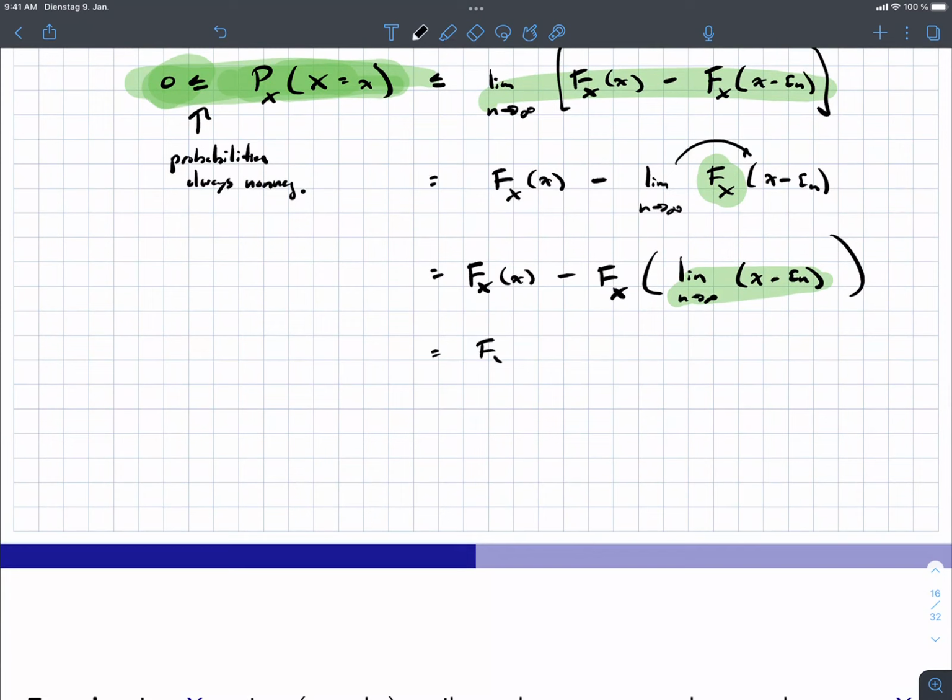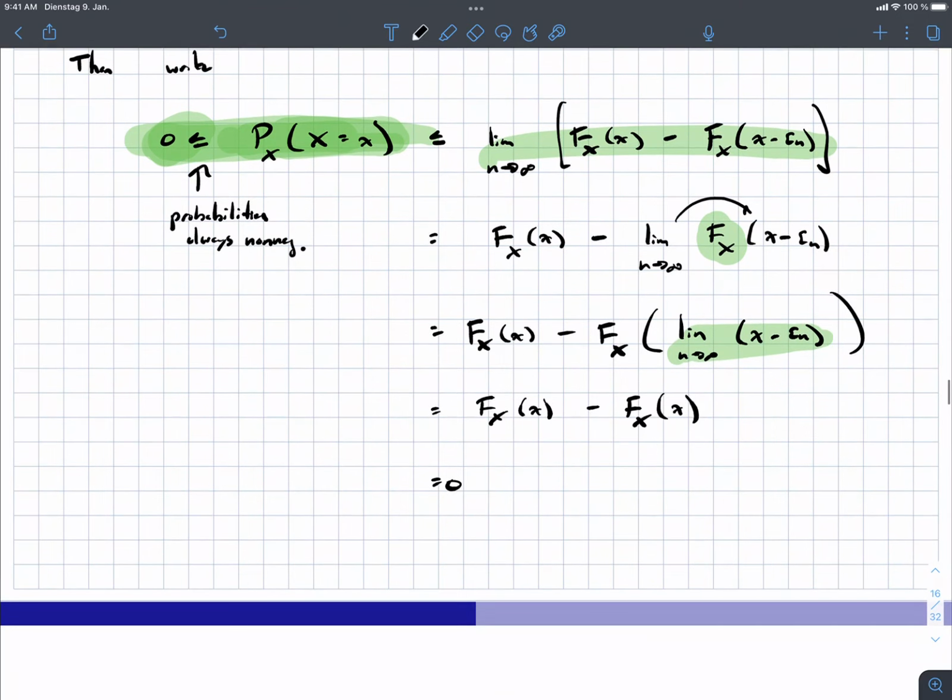So this is the CDF at little x minus the CDF at little x, which is 0. So I've said that this probability is greater than or equal to 0, and it's also less than or equal to 0. That means it's equal to 0.